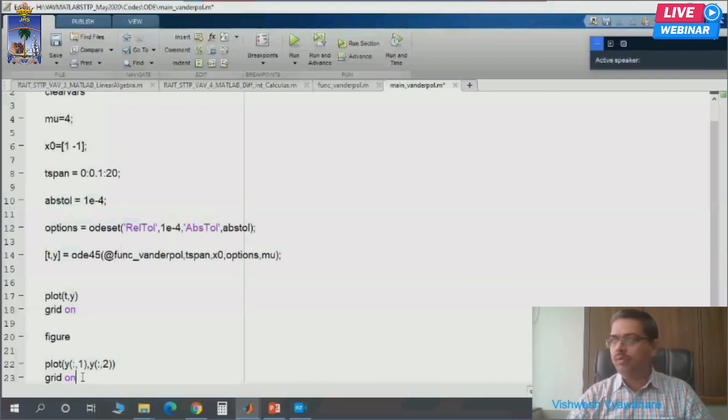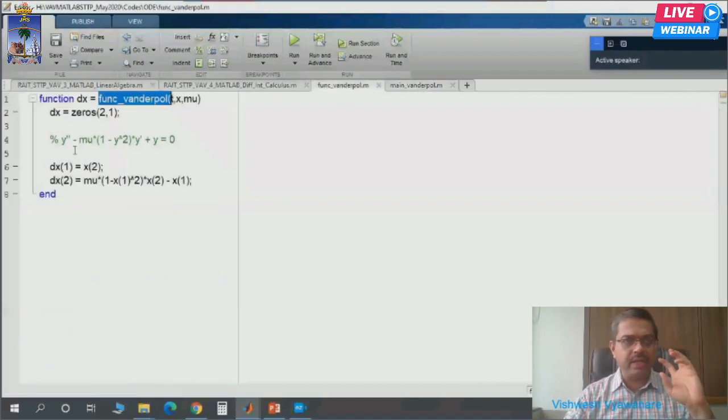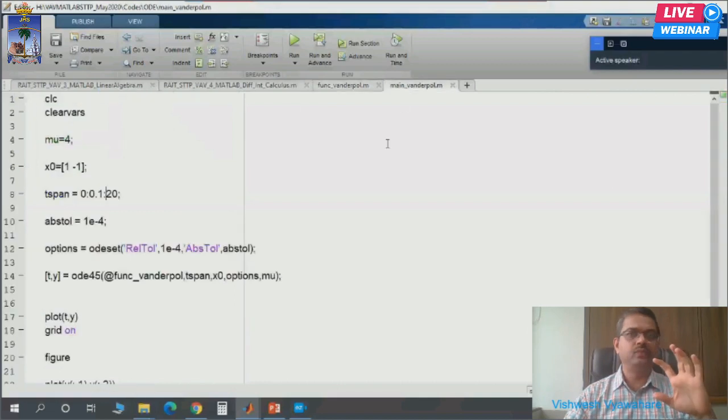What does y dot mean? dy by dt. So I want dy by dt. That is a phase plot, basically. I hope everything is clear now. With this, we are ready. So this is our main file, the command, but the actual ODE is given in another function.